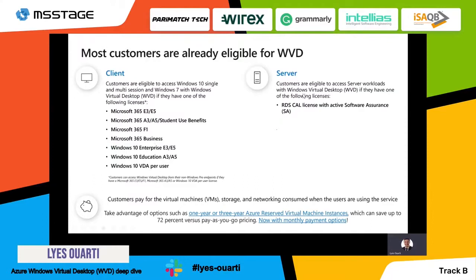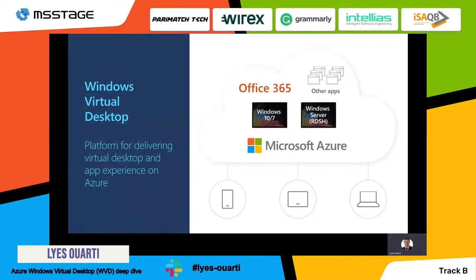The other type of operating system that we support is the server operating system. You can spin up a Windows Virtual Desktop VDI solution based on Windows 2012, Windows 2016, and Windows 2019. If you want to do that, you have to have RDS CAL licenses, and if you have active software assurance with your licensing, you can use these licenses and deploy them on Azure.